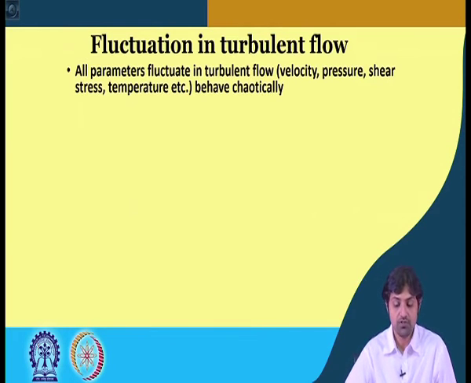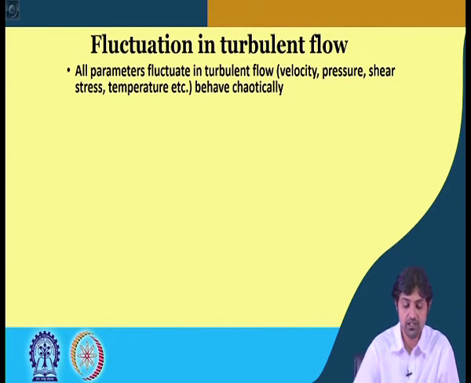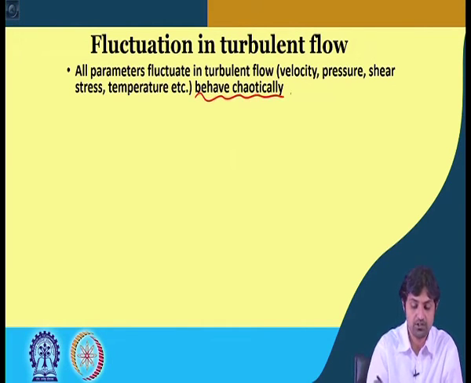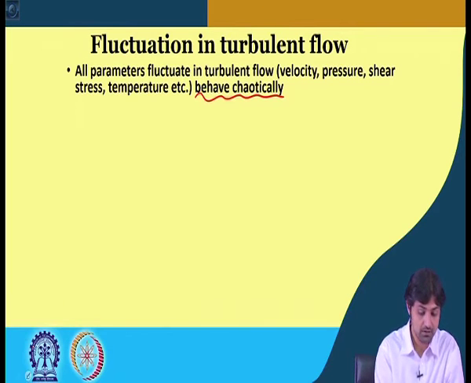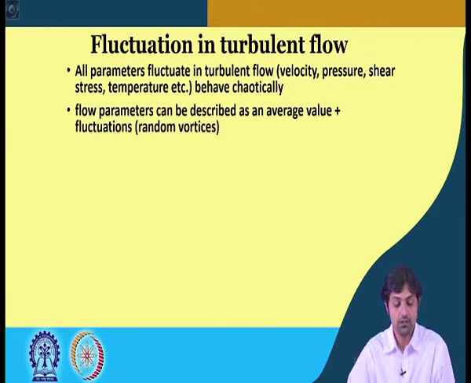Talking about the fluctuation in turbulent flow, all parameters fluctuate, whether it is velocity, pressure, shear stress, temperature, everything fluctuates and they behave chaotically. Chaos is there. The flow parameters can be described as an average value plus fluctuation.